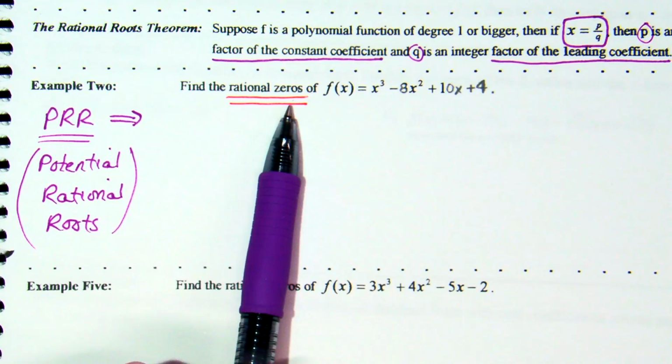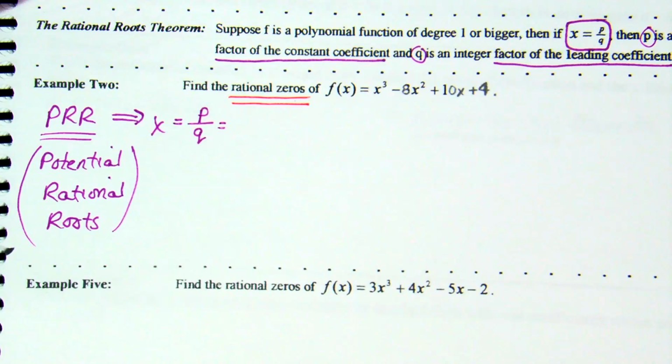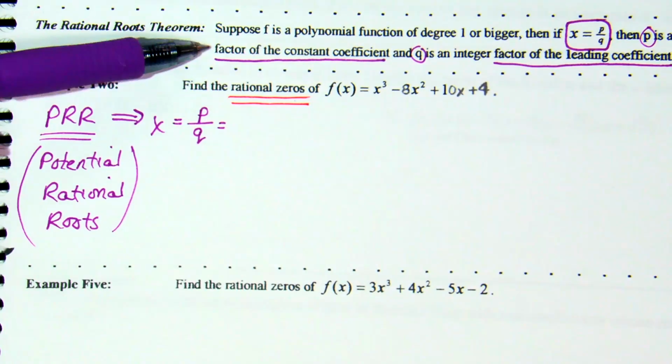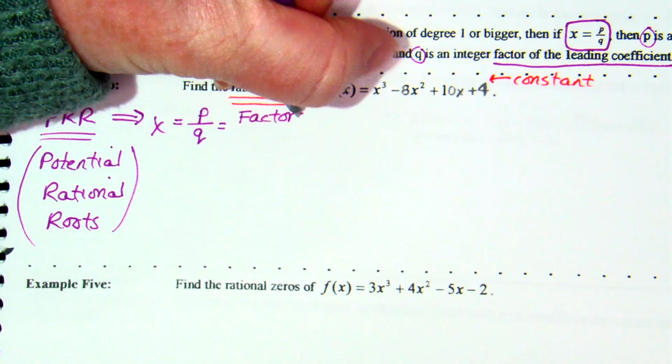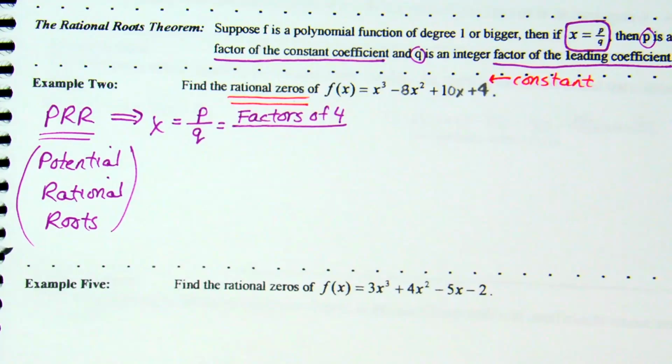Okay? So, for PRRs, remember up above it said x equals p over q, where p is an integer factor of the constant coefficient. What is the constant in this problem? 4. Remember, your constant is your number at the end that does not have any letters on it. So on top here, we're going to do factors of 4 divided by q, which is factors of the leading coefficient.